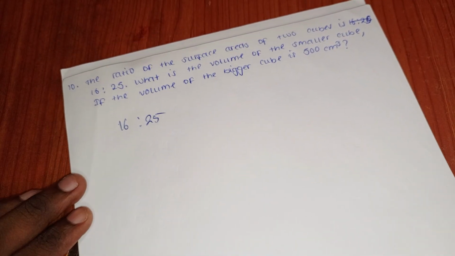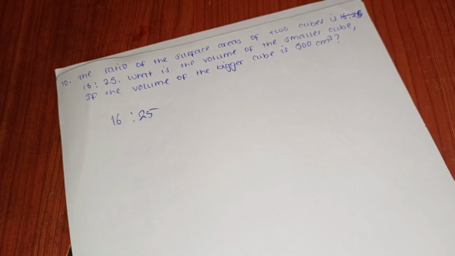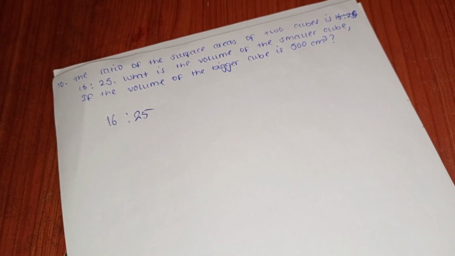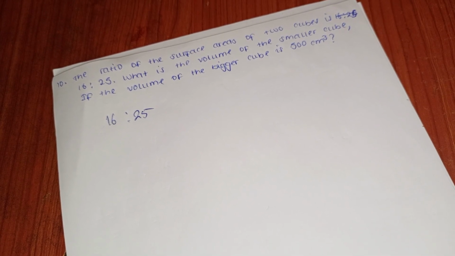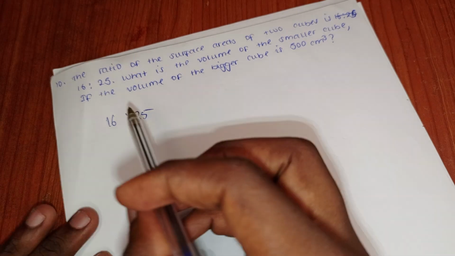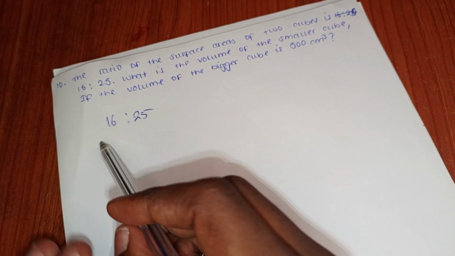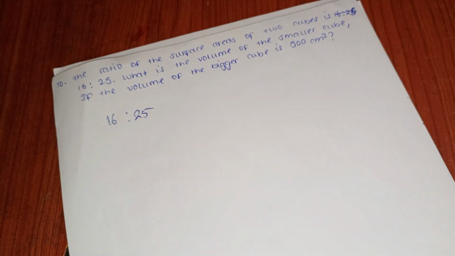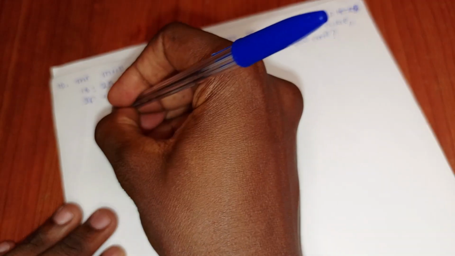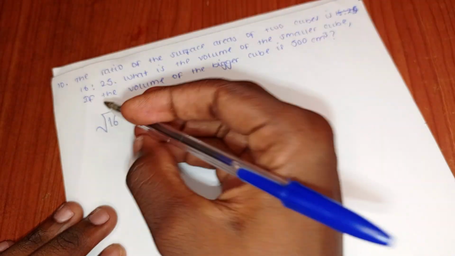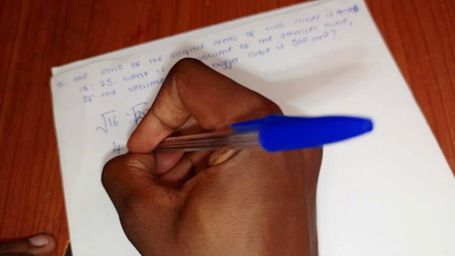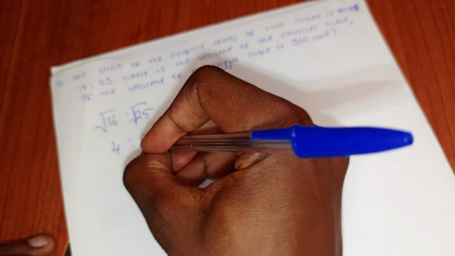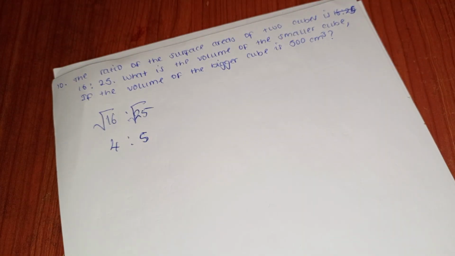Since we are finding the ratio of their volumes, this is the ratio of their areas, so we look for a number that can go into 16 and 25, which we don't have, so we take the square root. The square root of 16 is 4, and the square root of 25 is 5. Is there a number that can go into 4 and 5? It's 1, so we have the same thing.